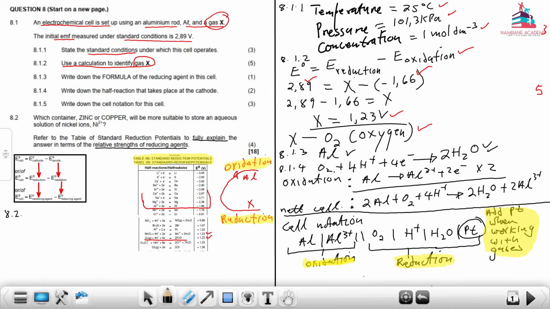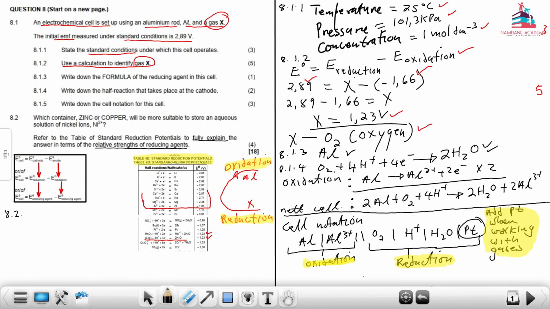With this one, we need to look at the table. When you watch this video, kindly have Table 4B next to you, so that you can easily understand where all this information comes from.